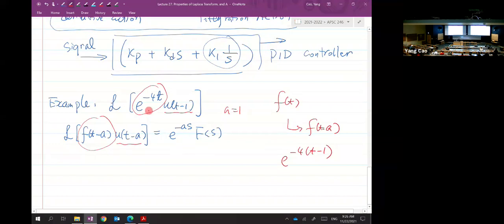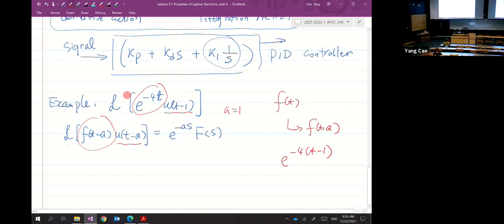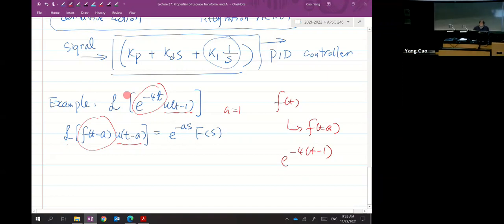But the current function before the u is not e to the power negative 4 times t minus 1, it's just e to the power negative 4t, right? So you cannot make use of the property right away. If you want to make use of it, you have to manipulate it somehow. Then you can use it. Okay. Yeah. So that's what we're gonna do.